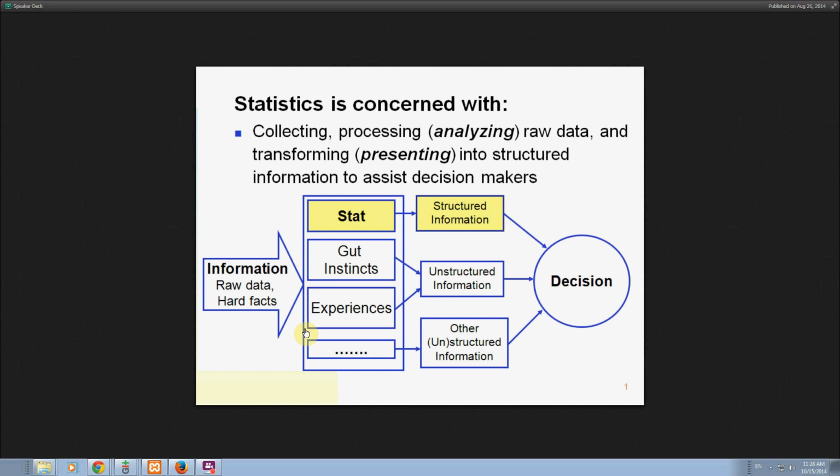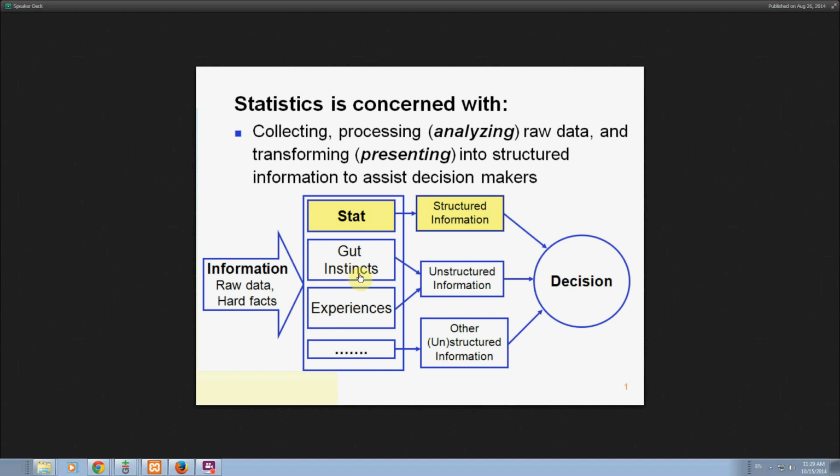Now that differs from other ways that we can make our decisions. We can base our decisions on objective, structured, reliable information, but we can certainly make our decisions based on things like gut instincts and experiences. Like we might just say, well, it feels like this is going to be a good thing to invest in, or my experience has shown that investing in tech companies has been a profitable endeavor.